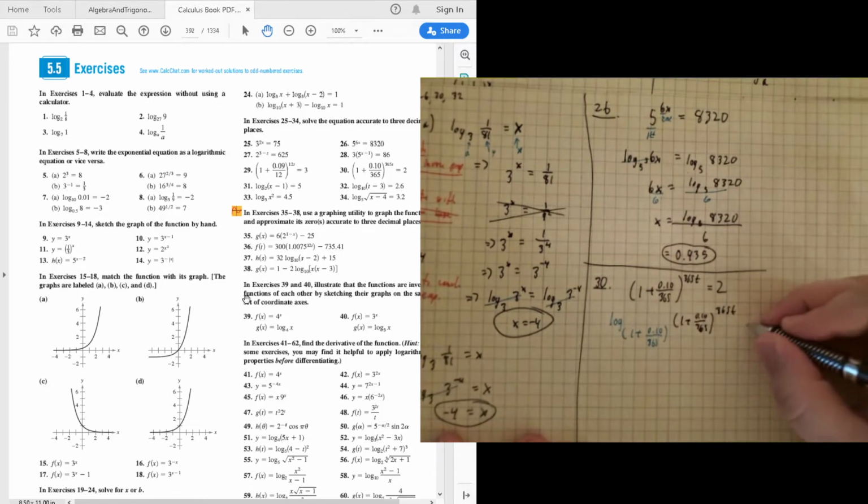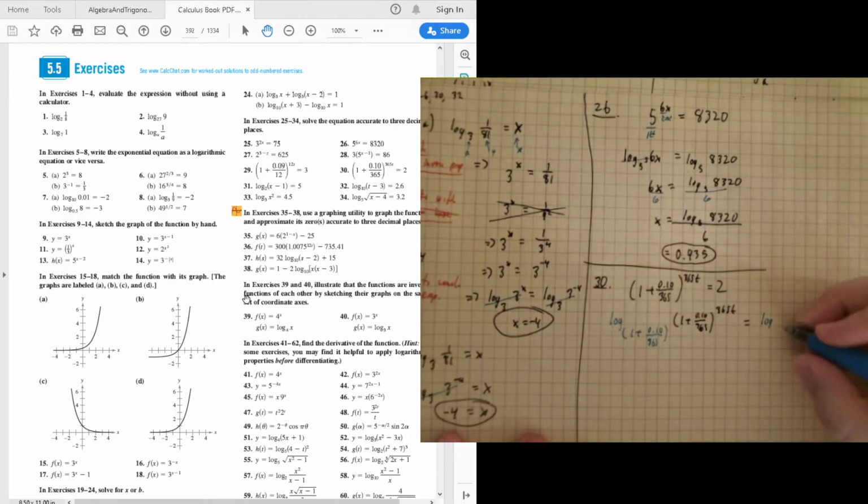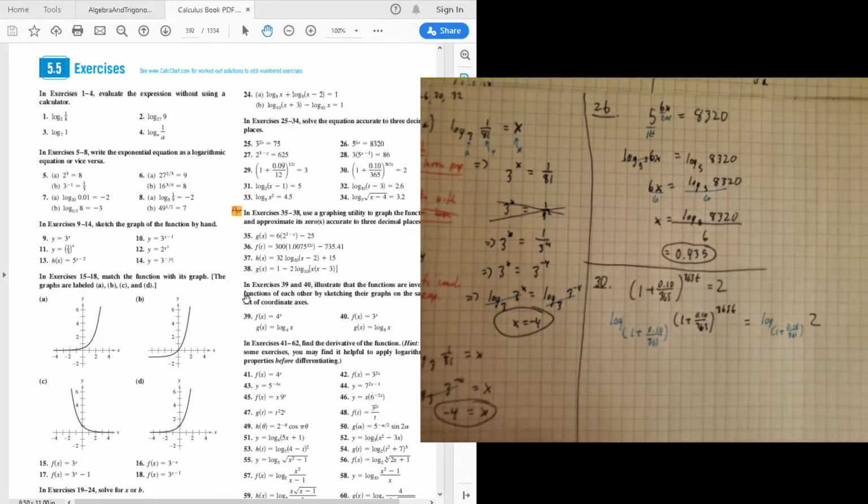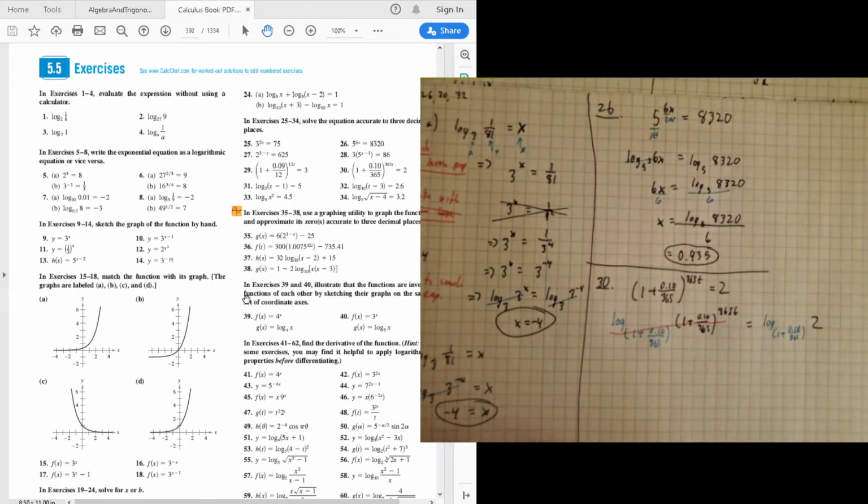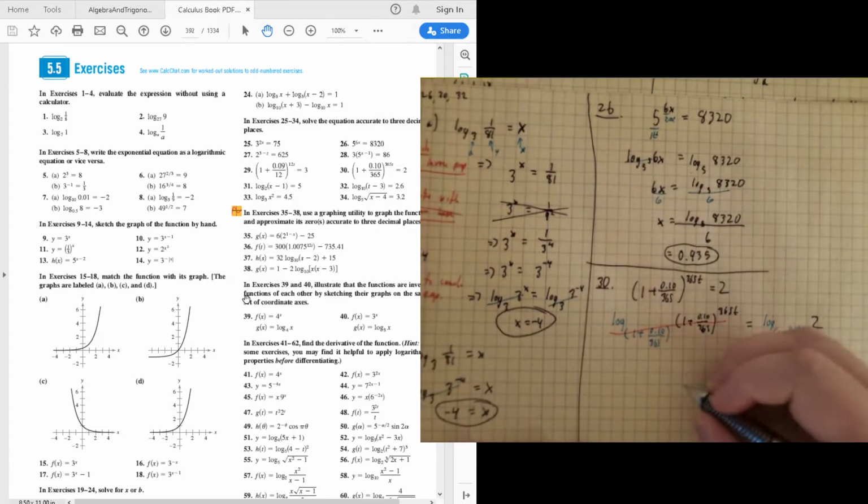So I make sure to log both sides with the same base. Now on the left-hand side, these two are going to cancel, leaving just 365t.